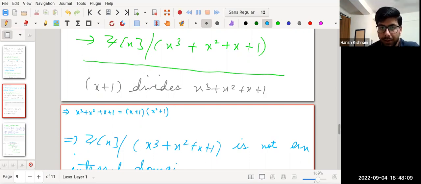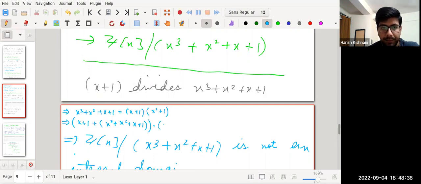So what does this mean? This means that when you take x plus 1 and the product of these two elements, it's an element of Z[x] modulo the ideal generated by x cube plus x square plus x plus 1.